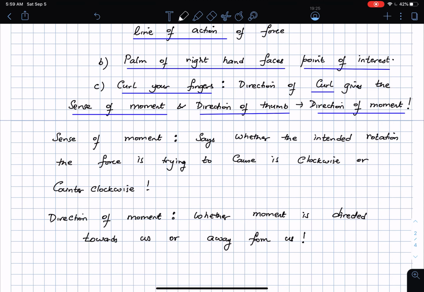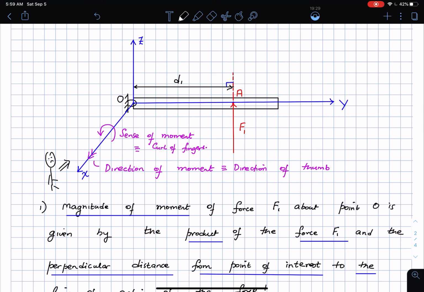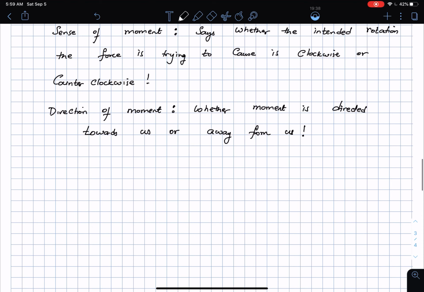And this is seen by the perspective of this particular person who is standing on the positive side of the x-axis and viewing everything.